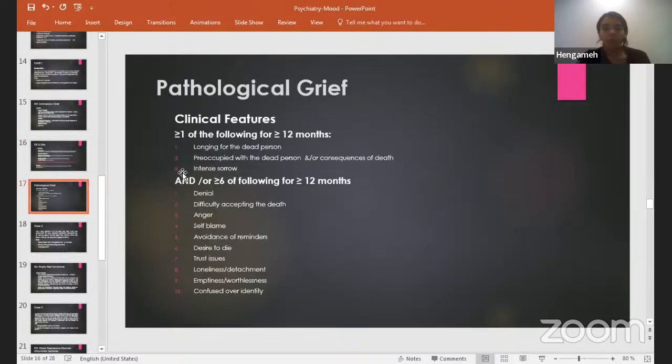And just for our own information, pathological grief is all the grief symptoms that last for more than 12 months. So that's why I say asking whether you recovered well is important.